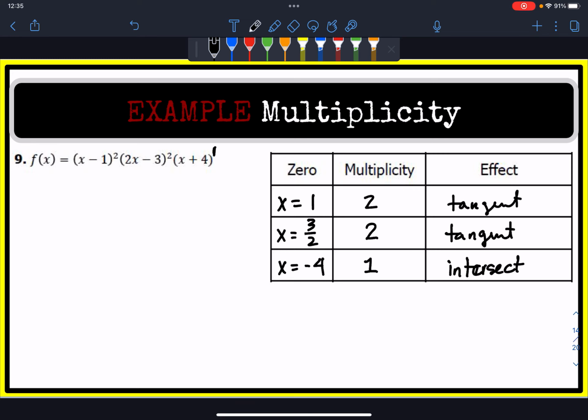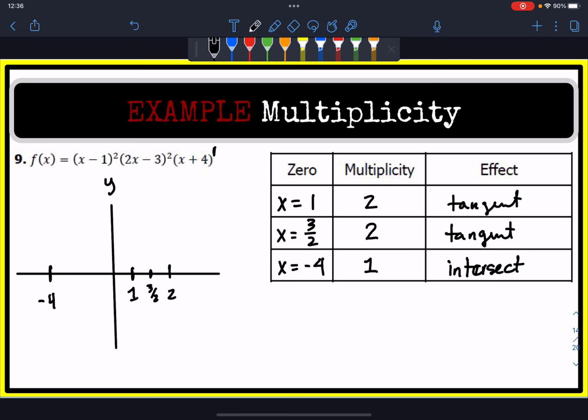So to draw a rough sketch of this graph, let's draw a horizontal line, the x-axis, just to separate the positive side from the negative side. We have an x-intercept at negative 4, an x-intercept at positive 1, and another x-intercept at 3 over 2, which is 1.5. So 3 over 2 right there.